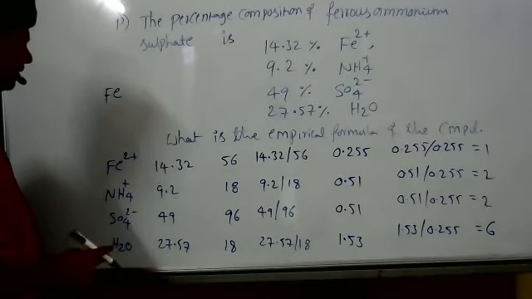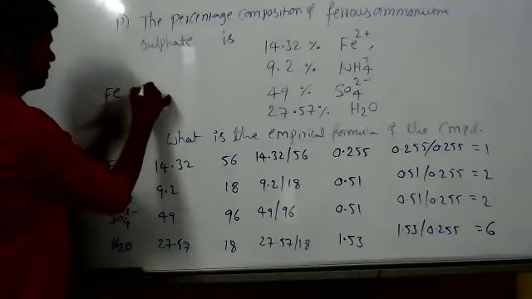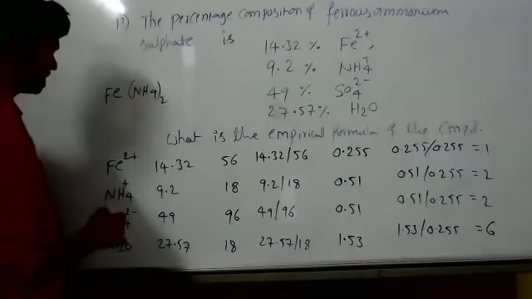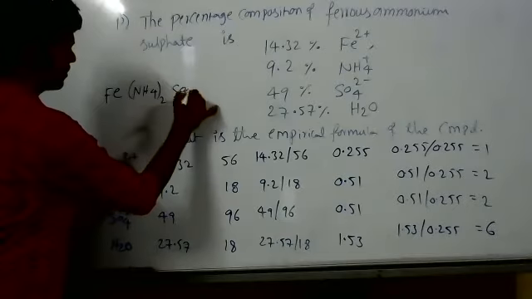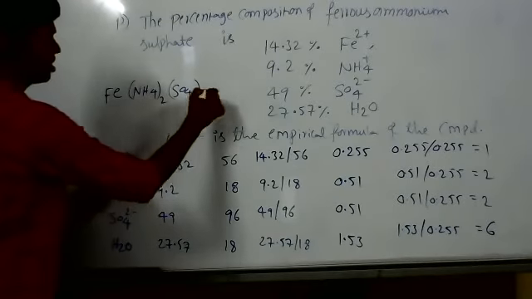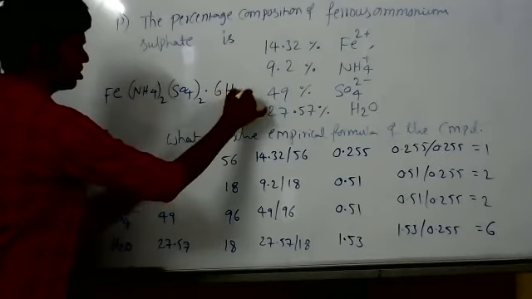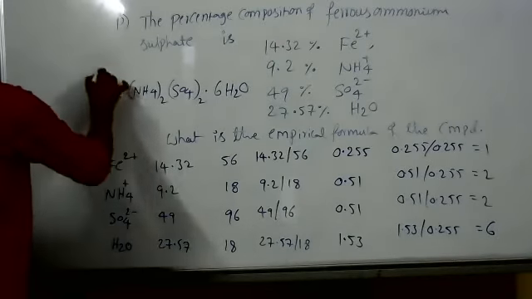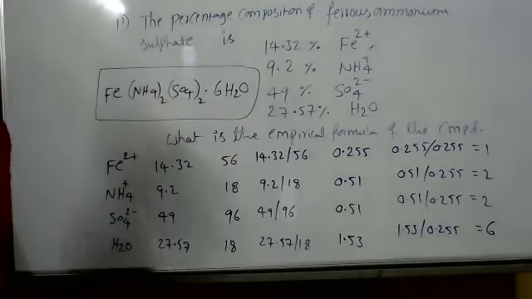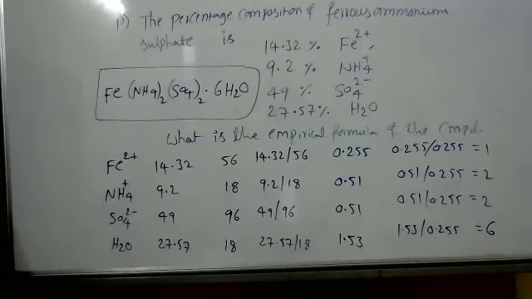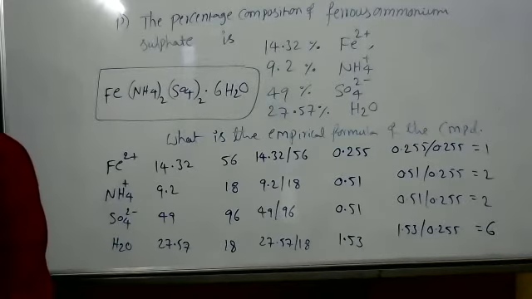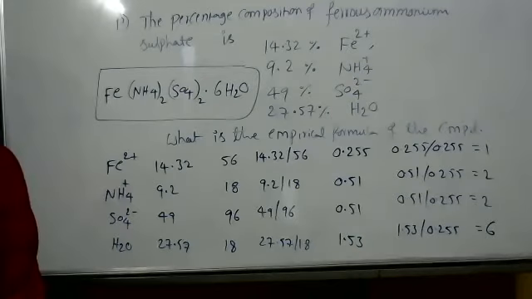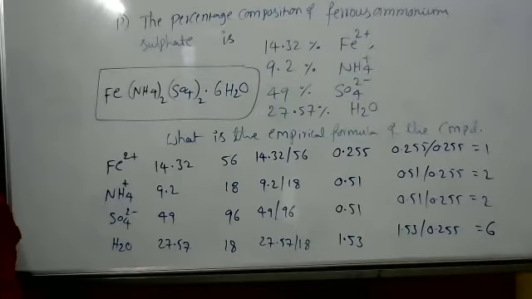Fe(NH4)2(SO4)2·6H2O. So even if they're ions, it does not make a difference, right?